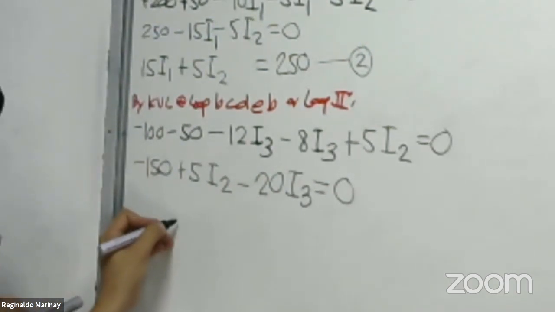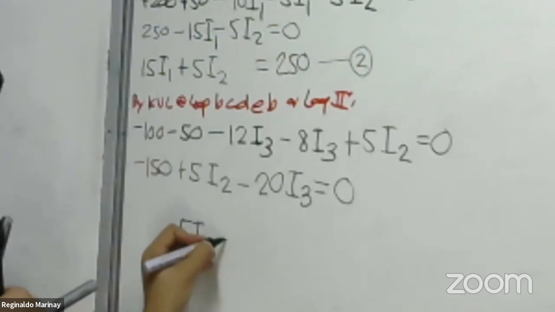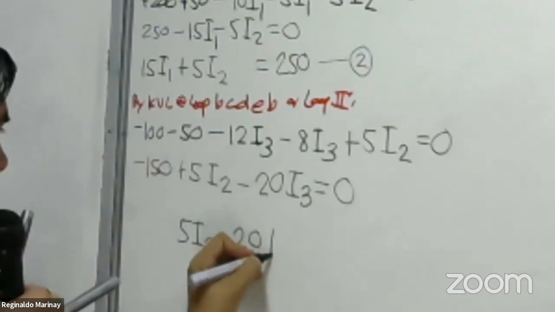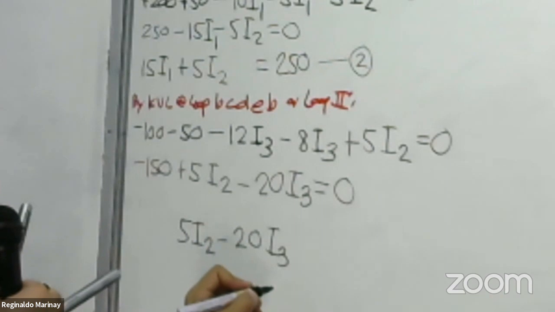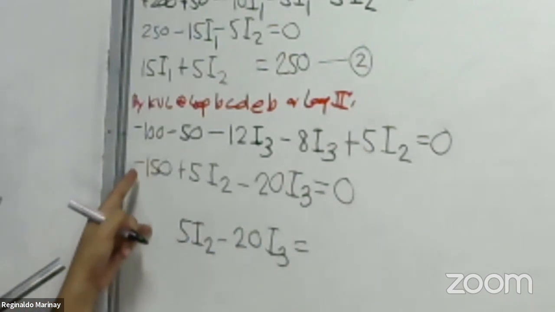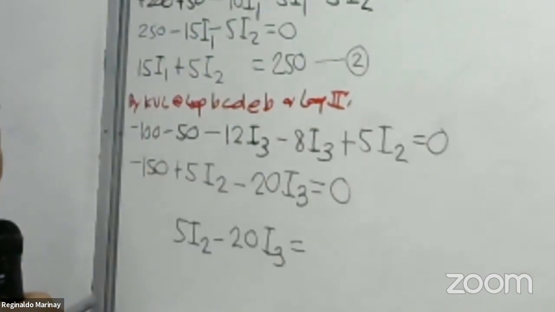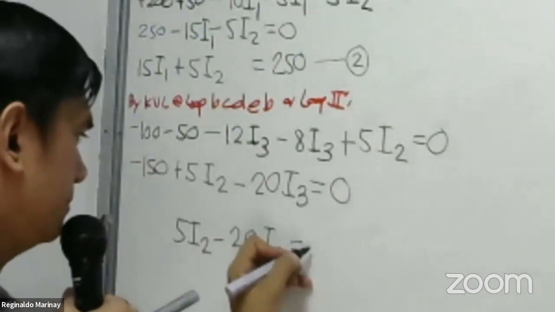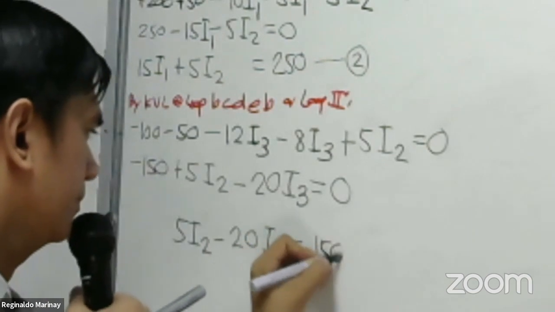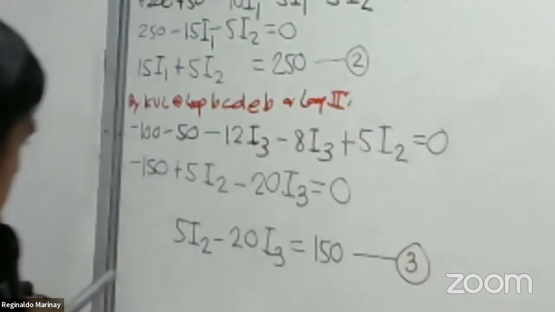Let us simplify. So we have here 5 I sub 2 minus 20 I sub 3, that is equal to, let us transpose the negative 150, positive. So this is our equation number 3.